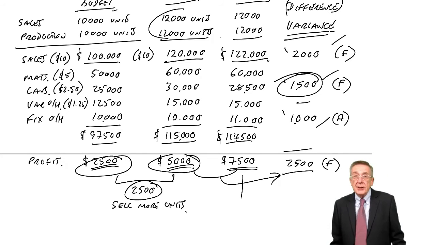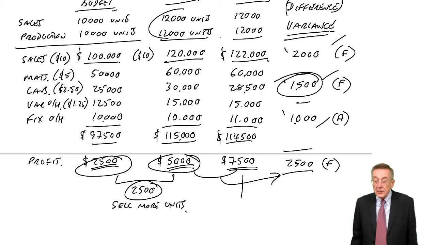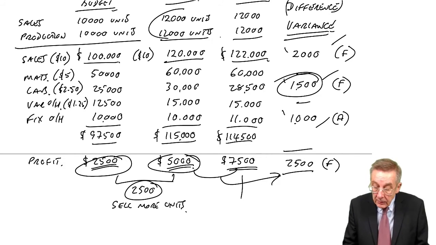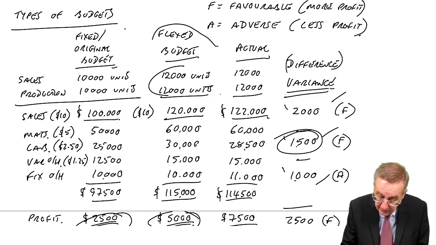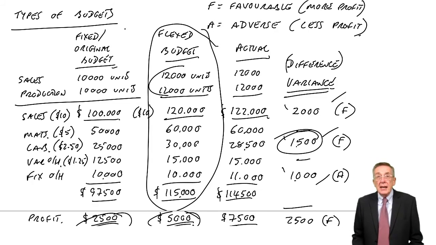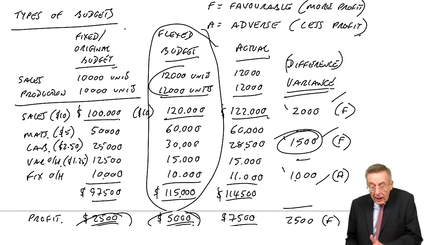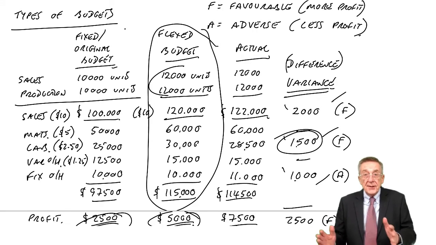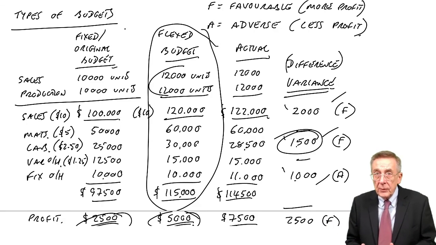So you will see in a later chapter there's an awful lot of work we need to do. But the main reason for what I've done here was to explain the relevance of a flexed budget and what it is. So I hope it's clear why we need to flex it if we're using budgets as a way of measuring performance.